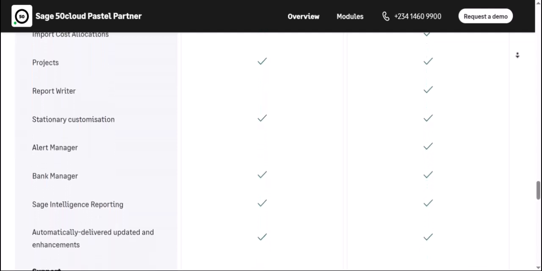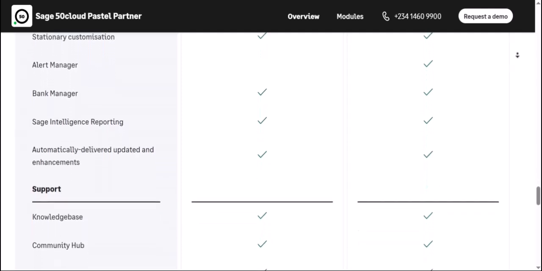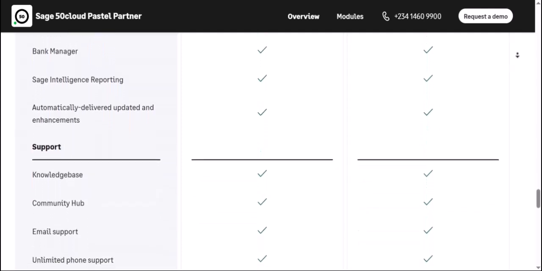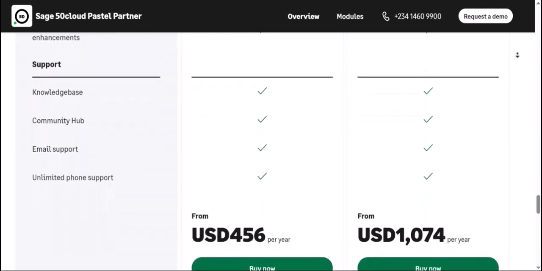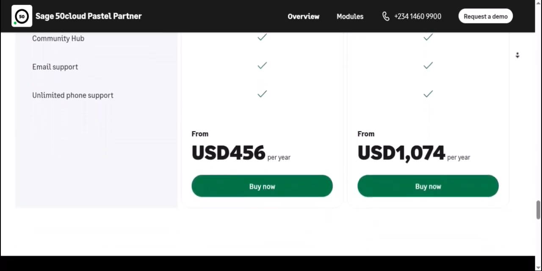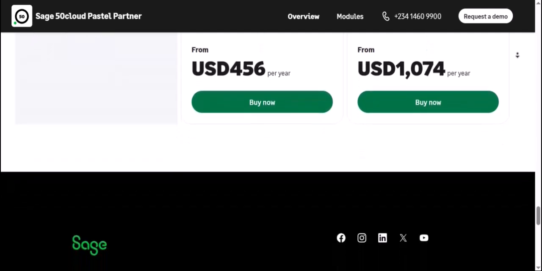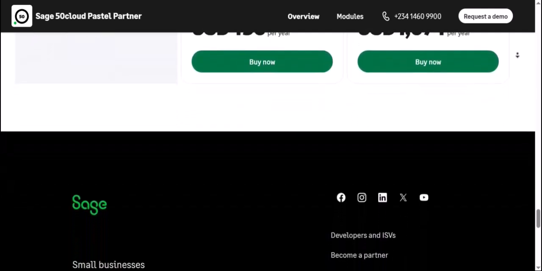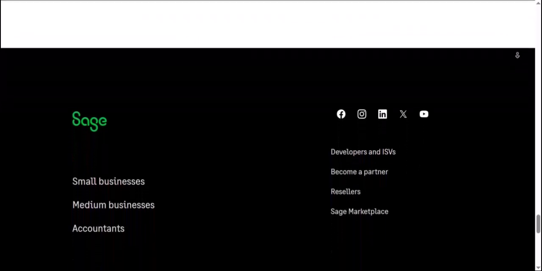Support and training. While some basic support might be included, premium support plans, dedicated account managers, and in-depth training sessions, especially for more complex systems like Sage 200 or X3, will add to the overall cost. Implementation services. For larger, more complex solutions, Sage 200, Intacct, X3, the license cost is just one part of the total investment.